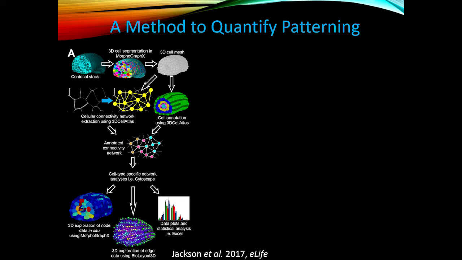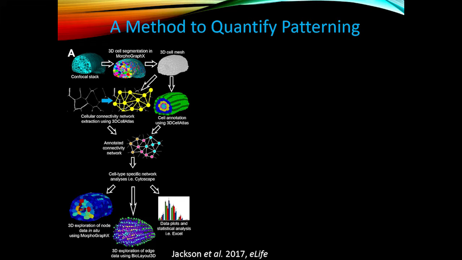And then after that, we can cast what's called a mesh, a polygonal mesh, over the surfaces of the cells. And from that, we can discretize the 3D geometry of each individual cell that we have segmented. So this is quite powerful in the sense that we can digitally capture in 3D the cells which are making up the tissues. Then the next step in this approach is to look at which cells are physically connected to which other cells using this mesh, which is describing the surface.